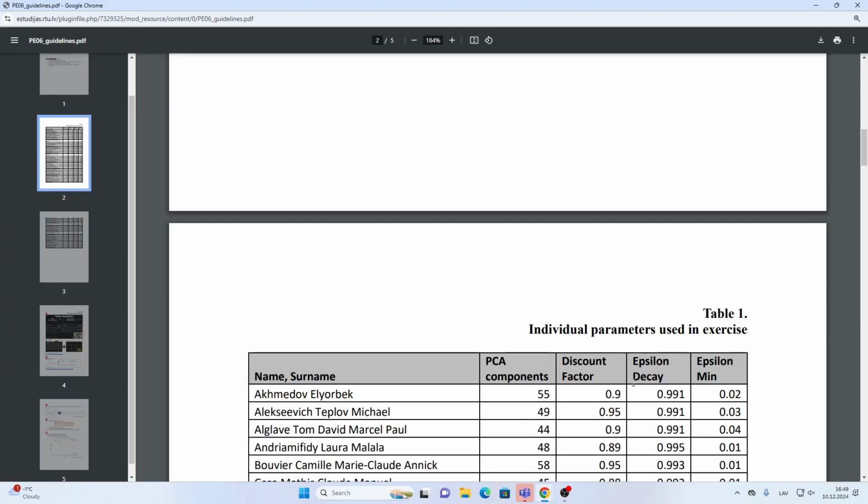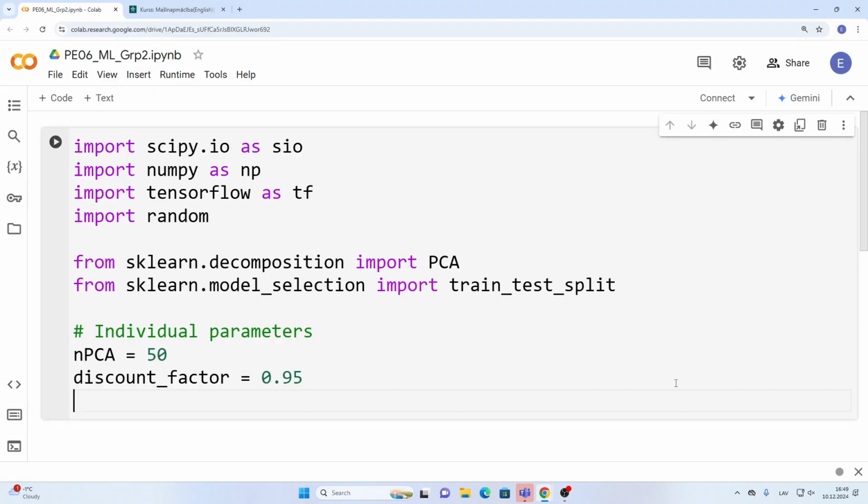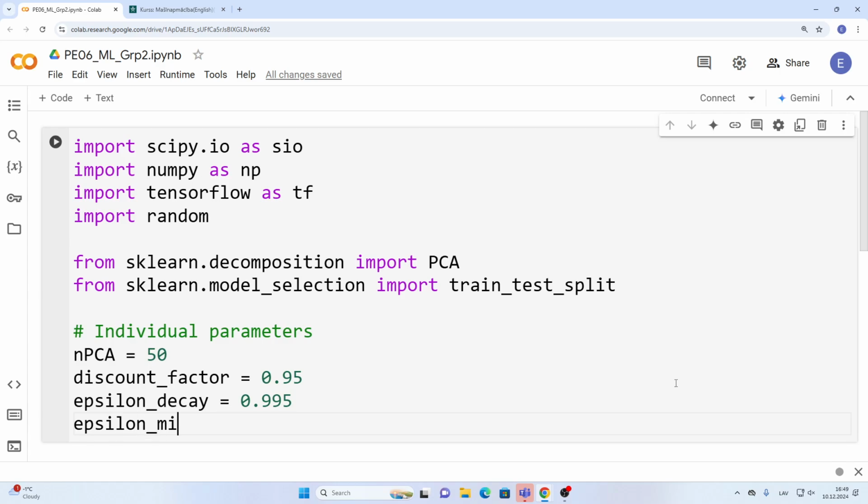Then we will have epsilon decay. I will explain more details when we get there. For me, it is 0.995. And the epsilon minimum, which is, in my case, 0.01.